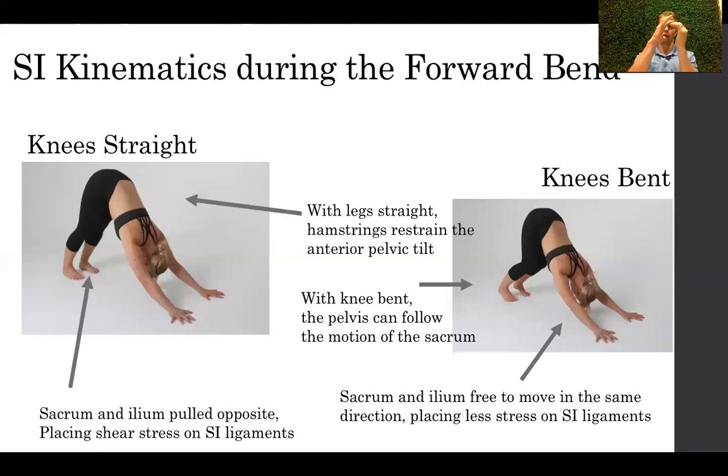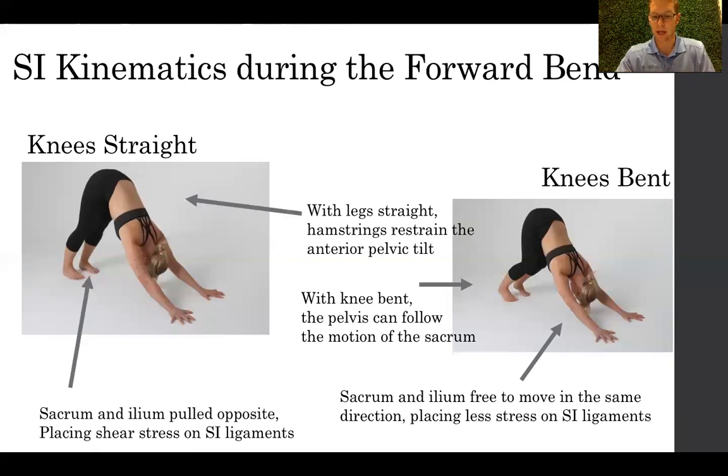And so there's going to be a relative tractioning across the SI ligaments. With the legs straight, the hamstrings are going to restrain that anterior pelvic tilt. Because of tension across the hamstrings, on the backside of the legs, those are going to be pulled tight, relatively limiting how much movement can occur across the pelvis into an anterior pelvic tilt.